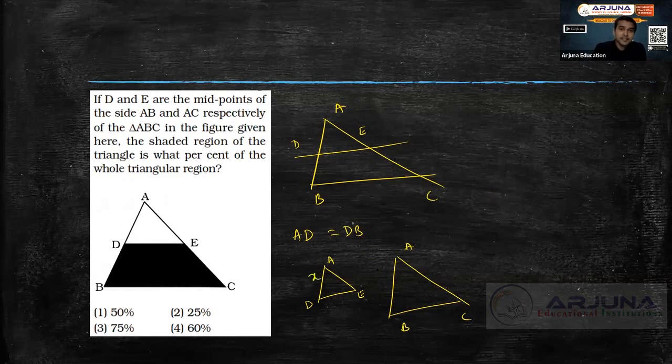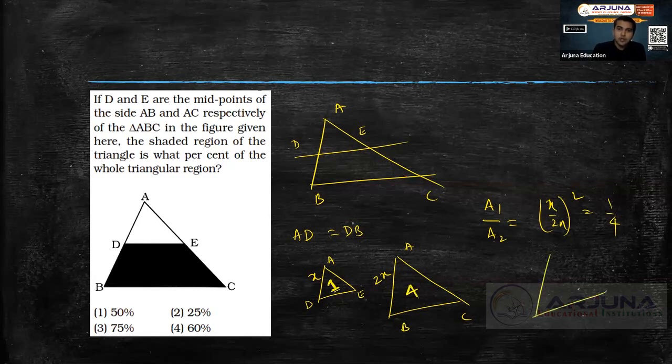So if this is x, surely this is 2x. So area A1 by A2 equals 1x by 2x, the whole square. It will be in that same ratio, right? That's what you have studied. That means 1 by 4. If this area is 1, this area is going to be 4.